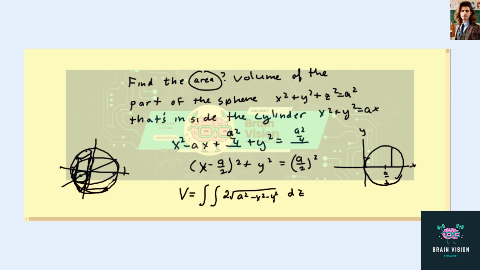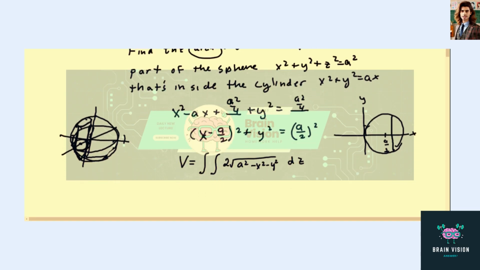Top of the circle minus the bottom of the circle, or bottom to top. So minus A squared minus X squared, A squared minus X squared, and then 0 to A.